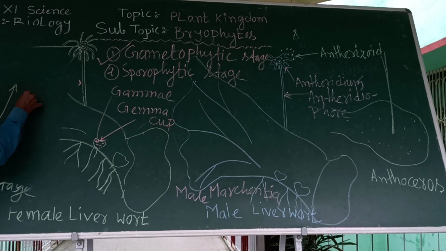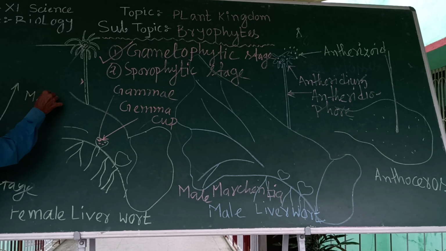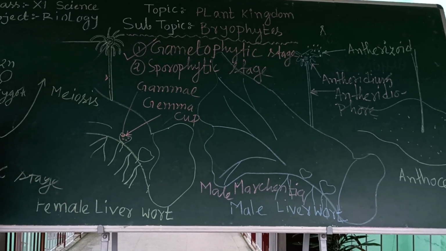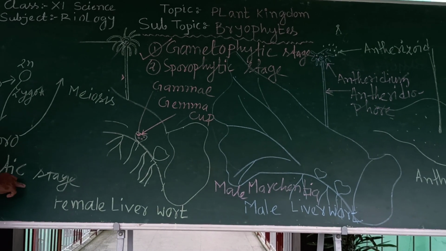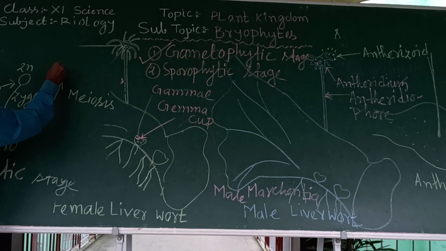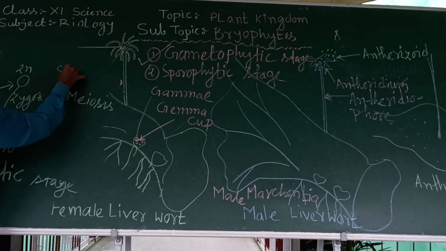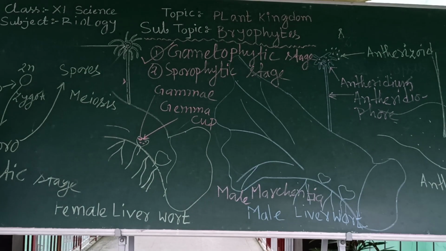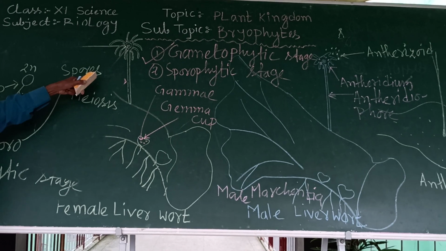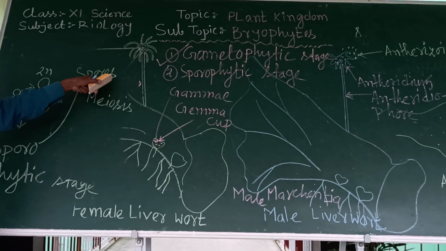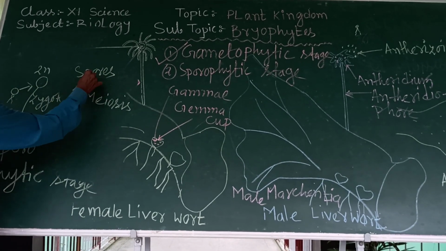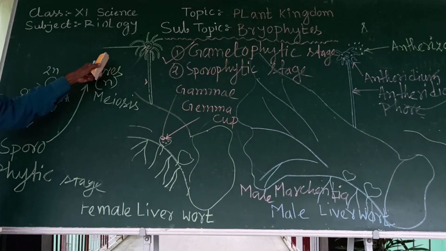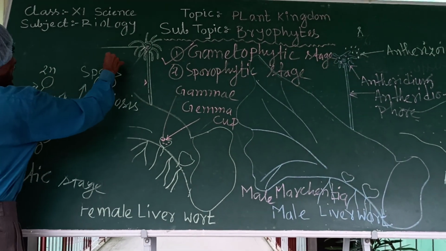Meiotic division, or meiosis. By virtue of meiosis, spores are formed from the sporophytic stage. What should be the ploidy of this spore? This is haploid. So haploid spores are formed.